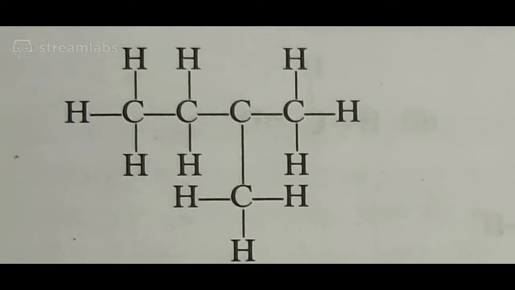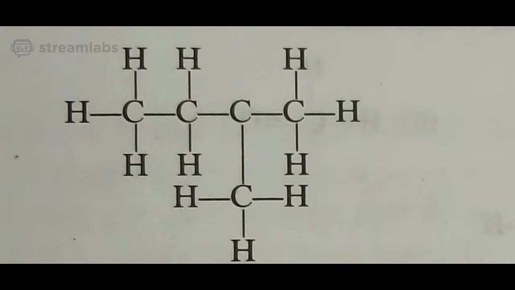And this is the other form to write the structure. Now 4 carbon atoms are represented in a long chain, and the second carbon shares a methyl group, CH3 group. Now count the number of carbon atoms, it is 5. The second carbon shares a methyl group.